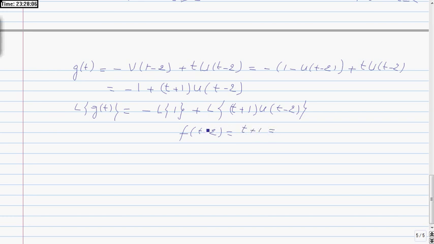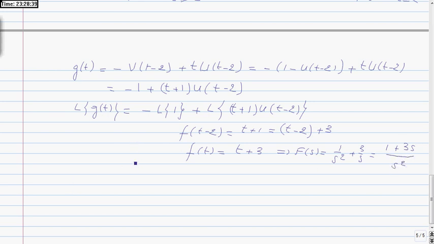But if it is a function of t minus 2, we would like to see t minus 2 on the right side. So we just write it as (t minus 2) plus 3, which means f of t is t plus 3. It means F of s, if we apply the Laplace transform, we obtain 1 over s squared plus 3 over s. But we could write (1 plus 3s) over s squared.